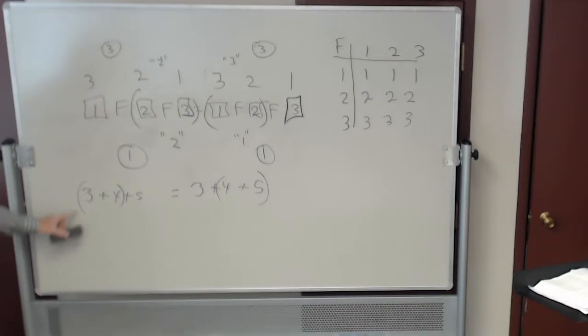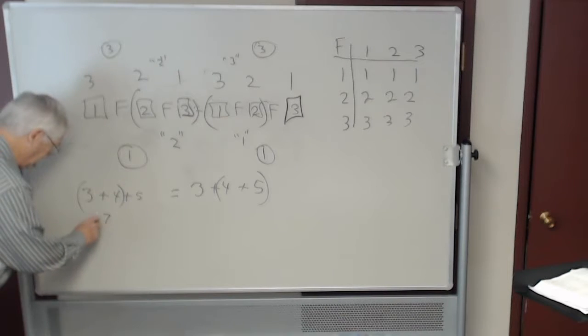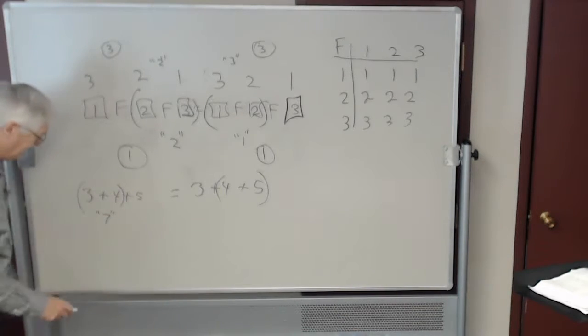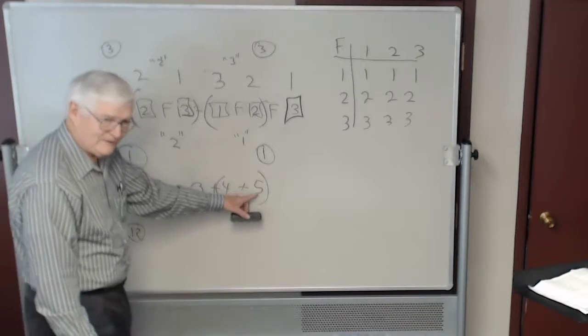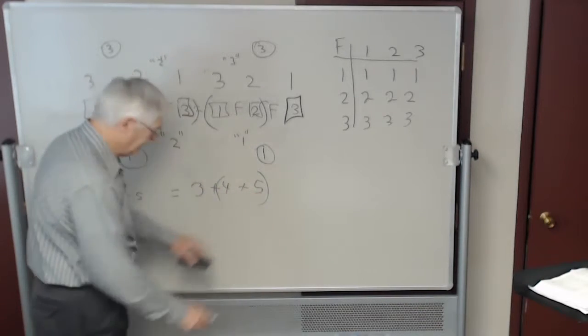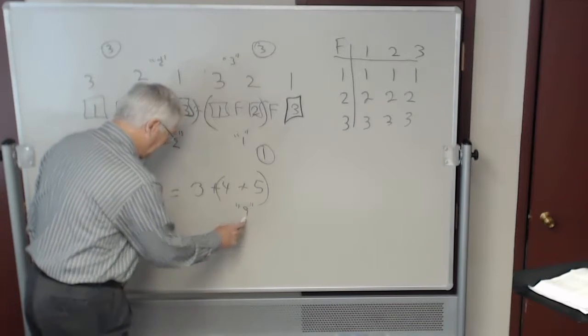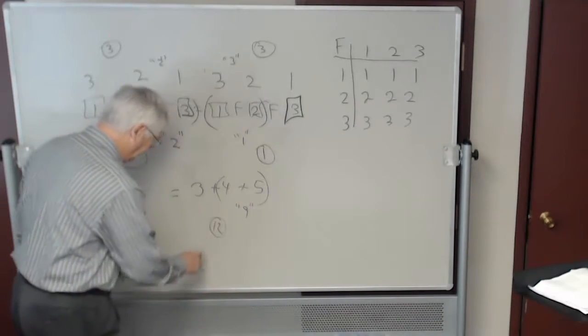Agreed? What's 3 and 4? 7. And 7 and 5 is 12. What's 4 and 5? 9. And what's 9 and 3? 12.